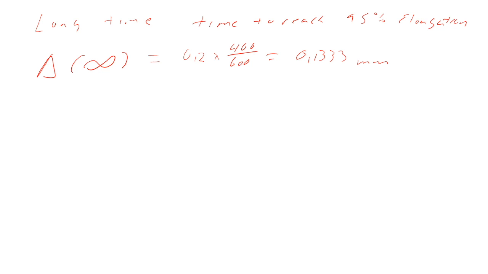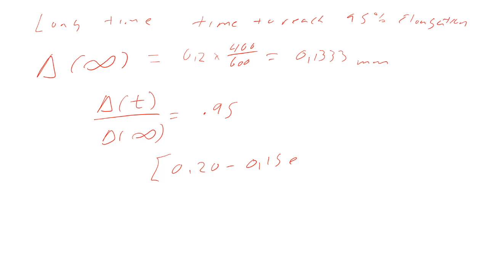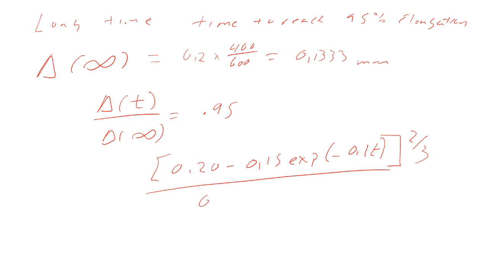So we want a long time where our elongation as a function of time divided by our infinite elongation is 0.95. We can write this as 0.20 minus 0.15 exp(-0.1 t).